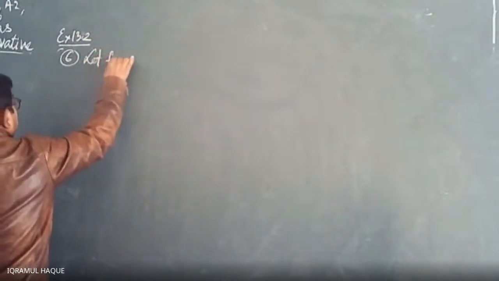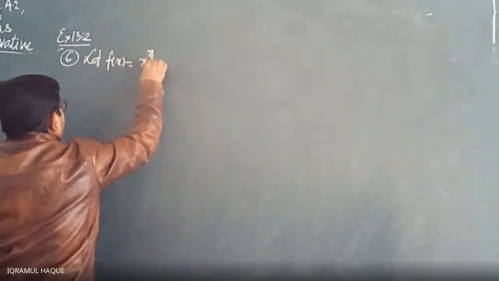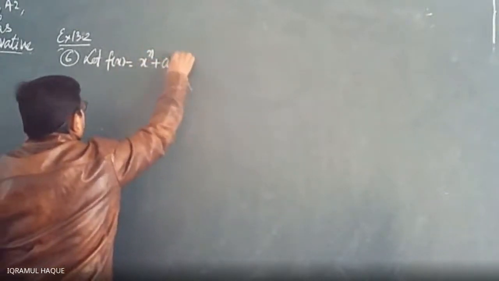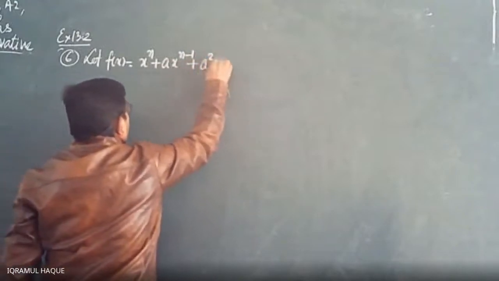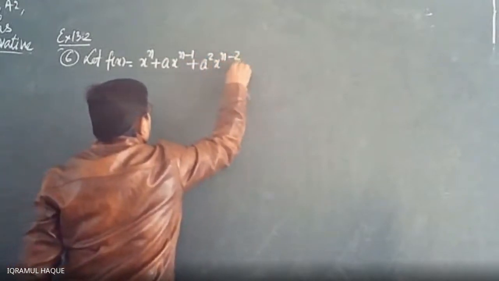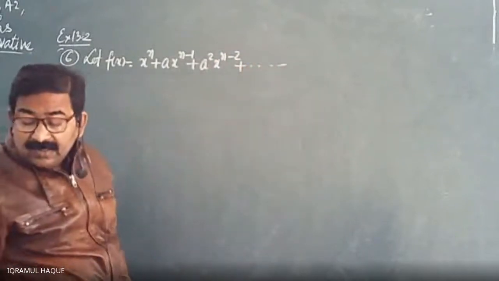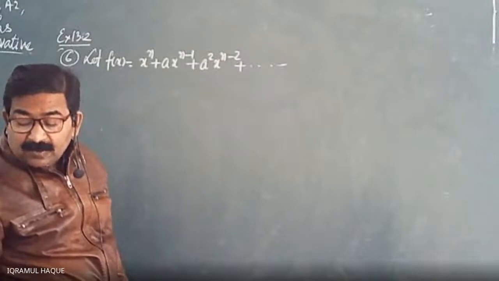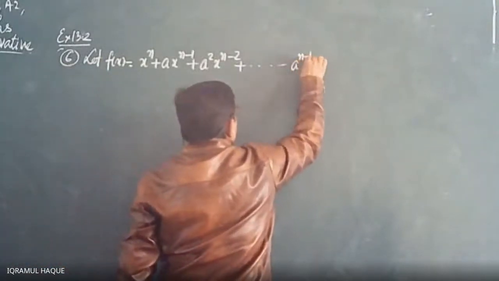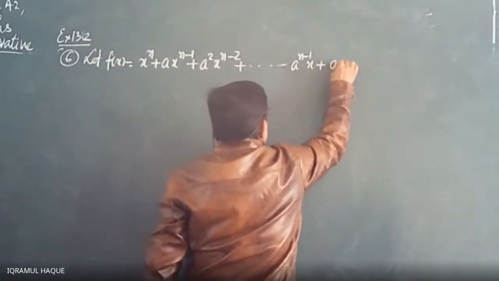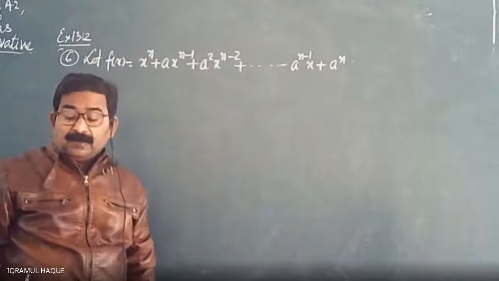Let f(x) is equal to x to the power n plus a times x to the power n minus 1 plus a squared times x to the power n minus 2 plus so on, a to the power n minus 1 x plus a to the power n. We have to find the derivative of this.